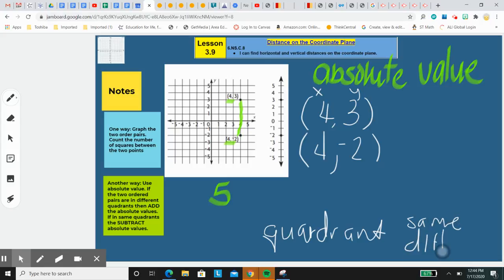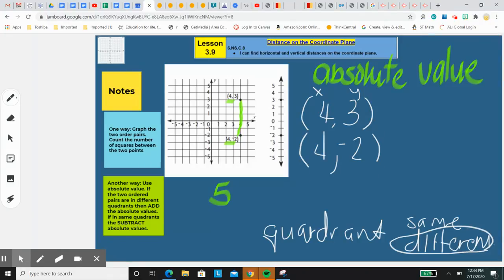The way you know that is if the signs are the same. This is a positive and a positive, and I have a positive and a negative. They're different. The signs are different. So that means they are in different quadrants. If the signs were the same, positives or negatives, then they'd be in the same. But since they are different, that is going to determine whether we add or subtract.